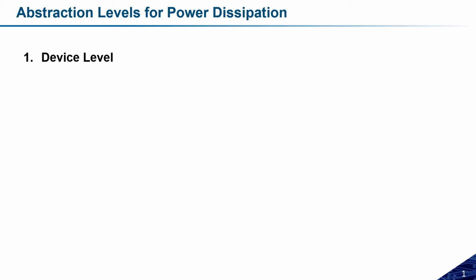Device characteristics like the threshold voltage, device geometry, and interconnect properties are all significant factors responsible for power consumption. If we are designing the devices, we need to choose a proper threshold voltage so that the power dissipation is as small as possible.